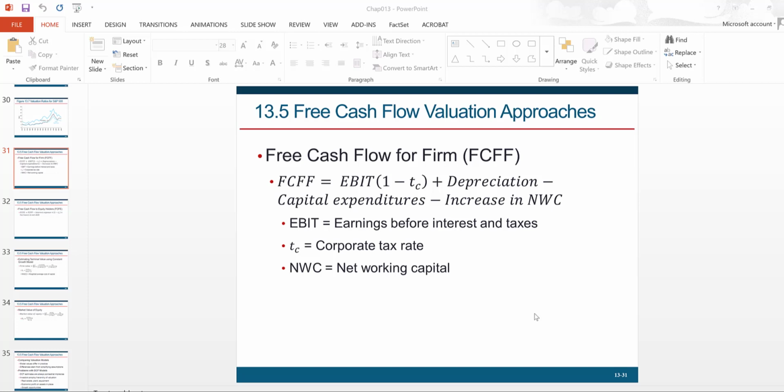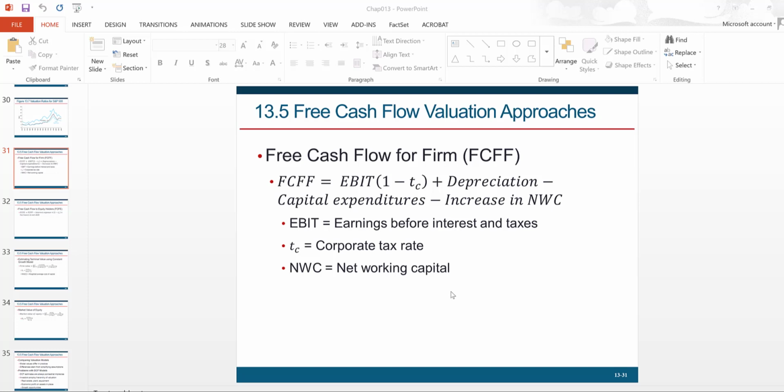If you have a firm that is not currently paying dividends and has never paid dividends before, it would be very difficult for those firms to forecast future dividends. Free cash flows are therefore more widely used and perhaps more general way of arriving at the valuation. So these are commonly referred to as discounted cash flow valuation models.